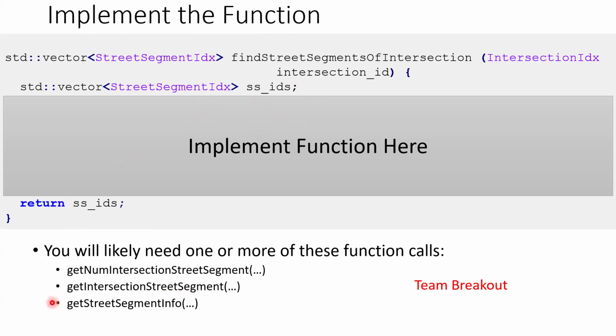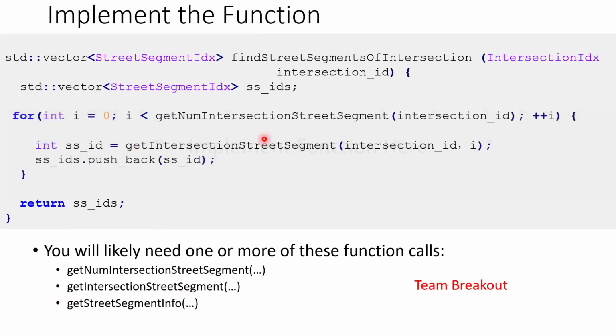Yeah. We just get intersection street segment and push back into the vector. So we do get num intersection street segments to get the number of street segments connected to the intersection. In the for loop, we do get intersection street segment with the intersection ID and i to get the street segment IDs, and push that back into the SSIDs vector, then return.